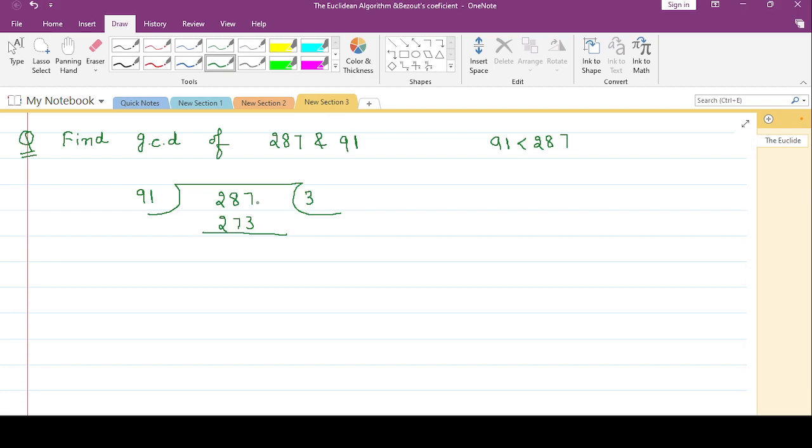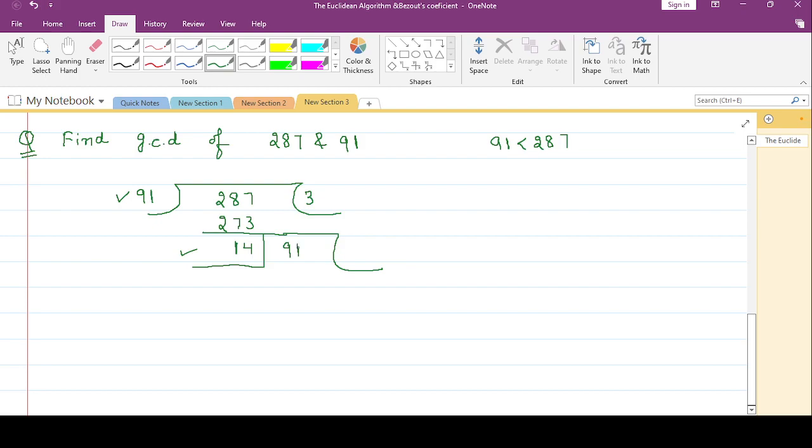So 287 minus 273 gives you 14. Okay. So see this remainder. This remainder is less than previous divisor. Okay. So this now becomes divisor in the next step, and the previous divisor becomes dividend.